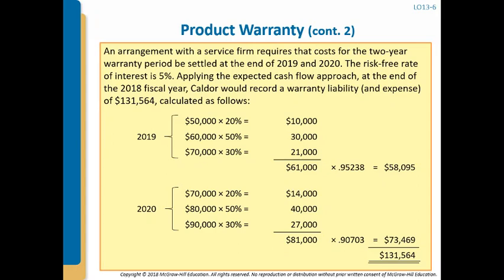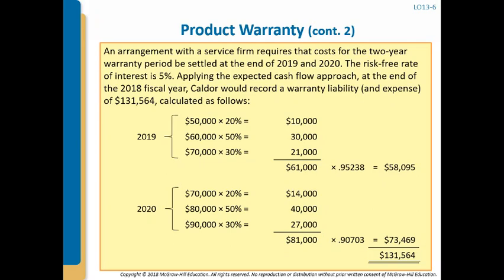So you multiply the 61,000 times the 0.95238 to come up with 58,095, and then for 2020 you've got 81,000 as the amount, and you multiply this times 0.90703, looking at the same table, that's in year 2 at 5%.